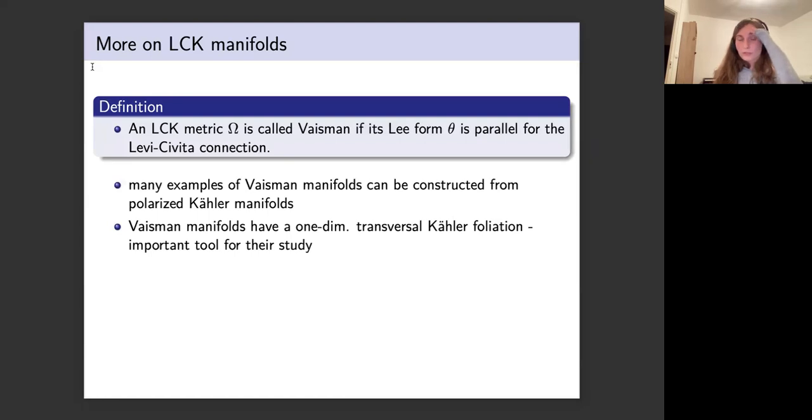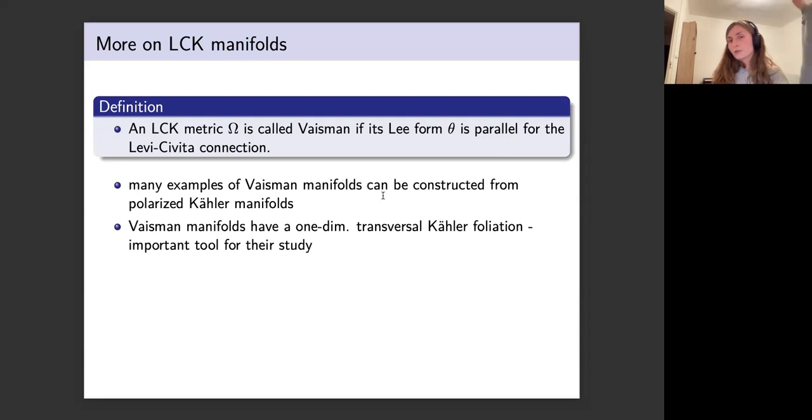I will not go too much into this, but the point of this geometry, of these Vaisman metrics, is that we actually have a recipe for constructing many manifolds which have Vaisman metrics, just starting from polarized Sasakian manifolds. So on one hand, we have many examples, and on the other hand, we have an important tool which comes from the fact that they have a transversally Kähler foliation.